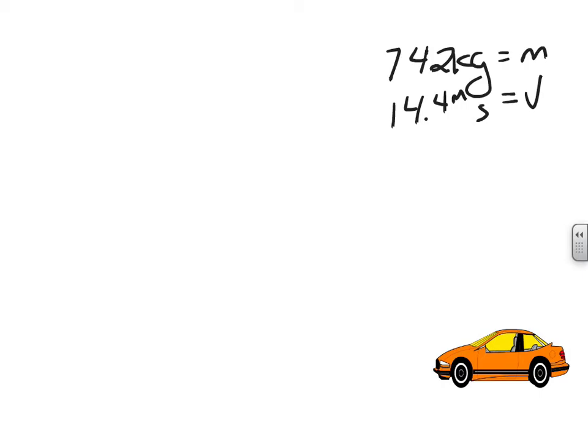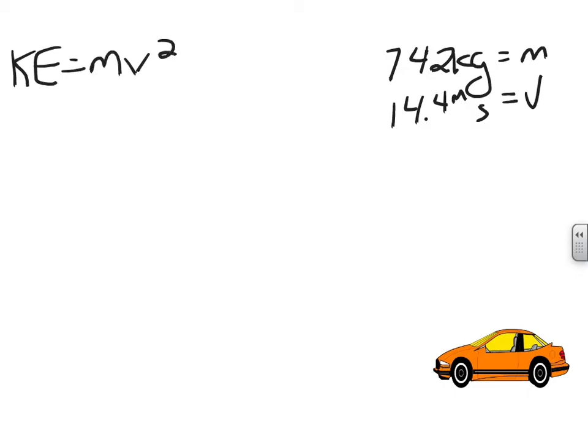If I run out of gas, I haven't really run out of energy, though. I've run out of the chemical potential energy. I'm not going to get faster, but I still am going 14.4 meters per second, so I still have kinetic energy. So the first thing I'm asking is, how much energy does this car still have?